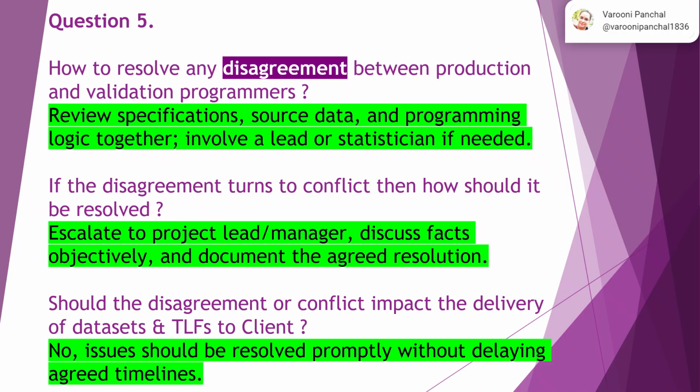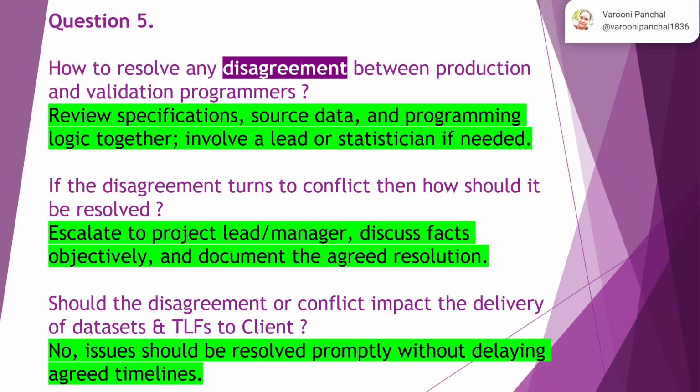So these issues should not affect or impact the delivery of data sets, because the client is the priority, and whatever agreement is done with the timelines, that at this specific timeline I'm going to submit this work to the client, so it has to go. Just because of your fight, your ego clash, your misunderstanding, or your disagreement, a client should not suffer, right?